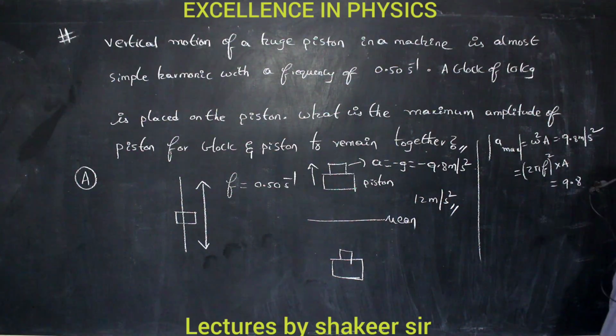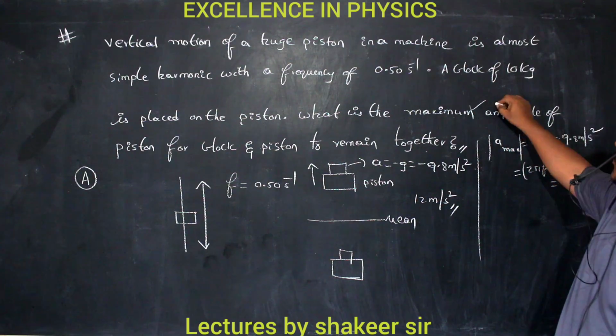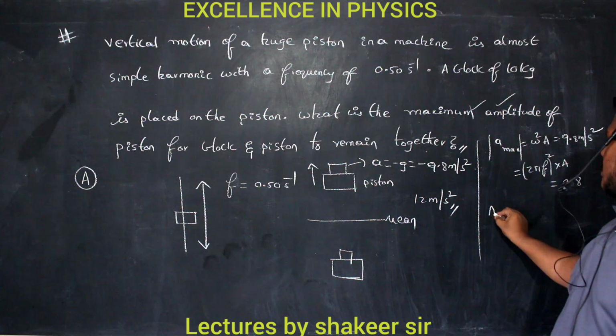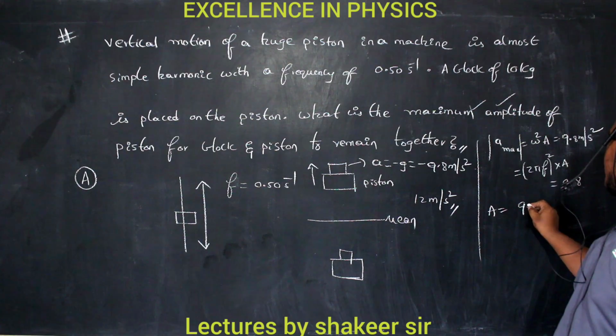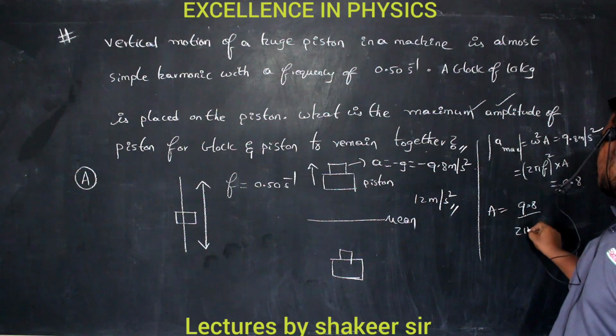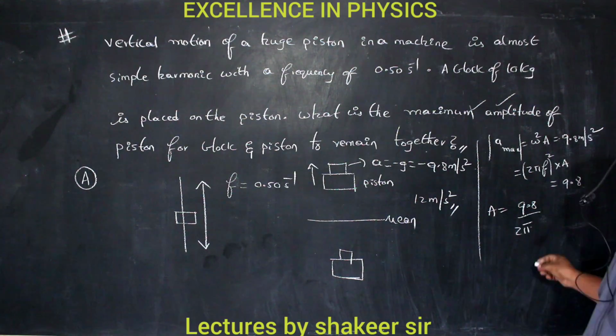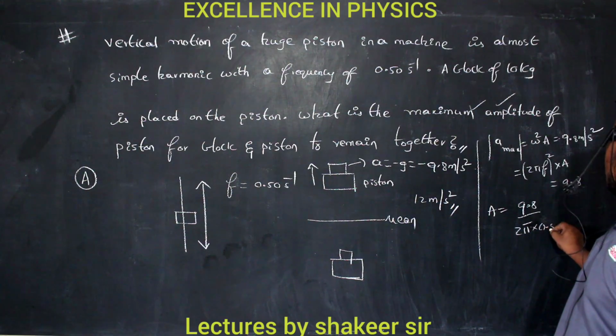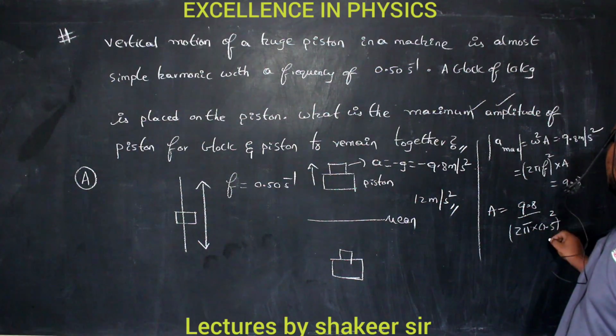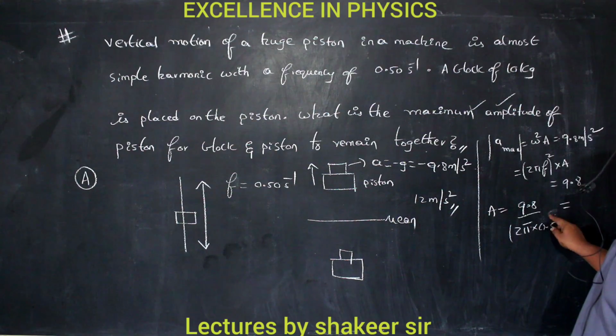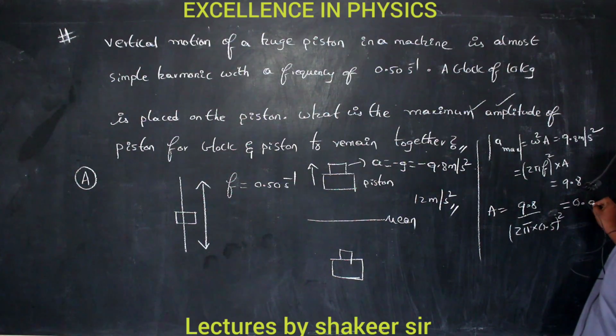What is actually being asked? The maximum amplitude only. So A is equal to 9.8 divided by (2 pi into the frequency, which is already given, 0.5) whole square. Clear? If I do this calculation, the answer you should get is approximately 0.99 meters.